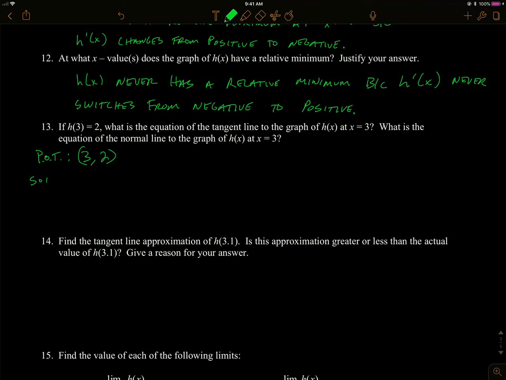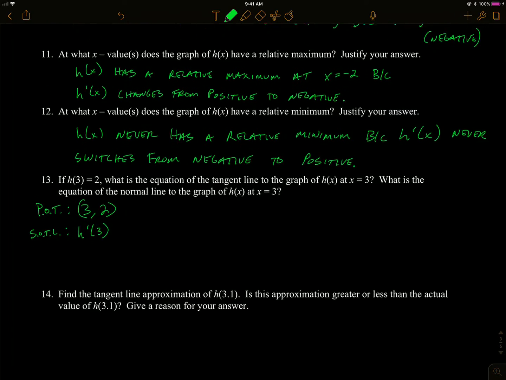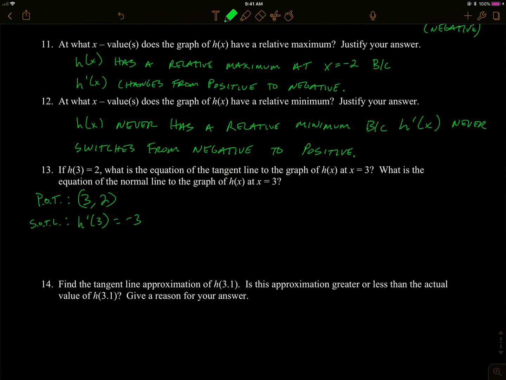The slope of the tangent line is going to be h prime of 3, which on our table is -3. So the equation of our tangent line will be y minus 2 equals -3 times (x minus 3). That's the equation of the tangent line.